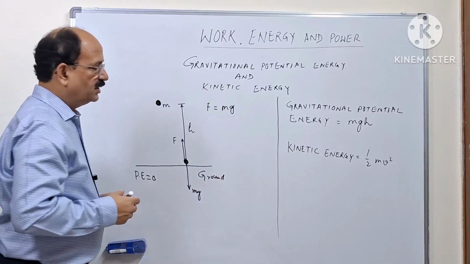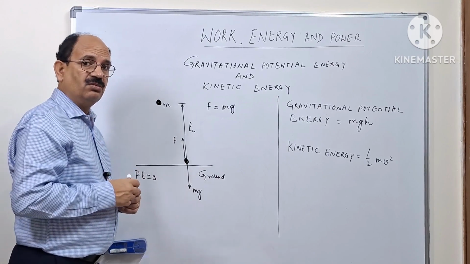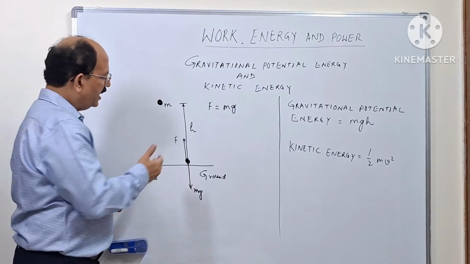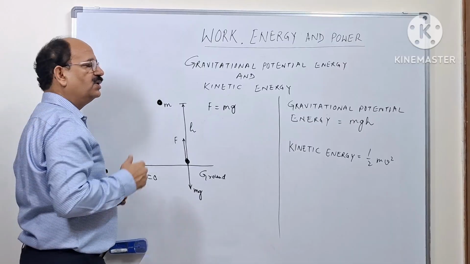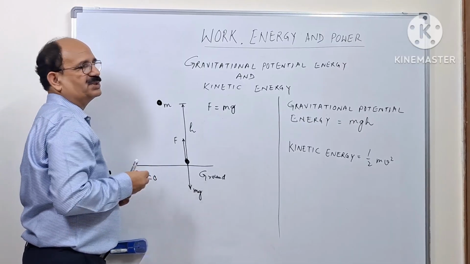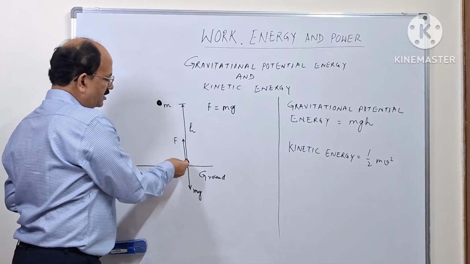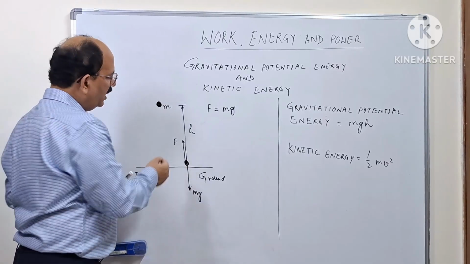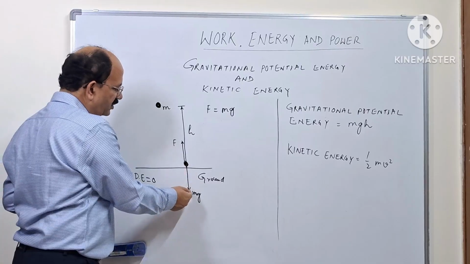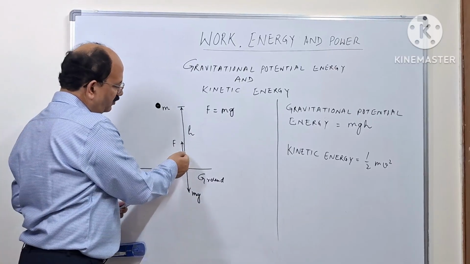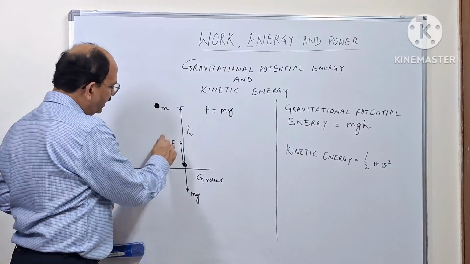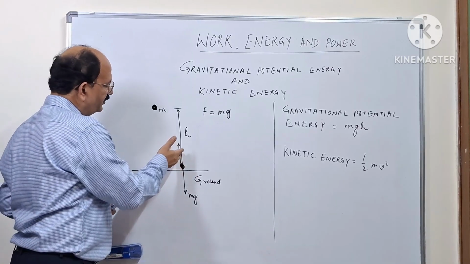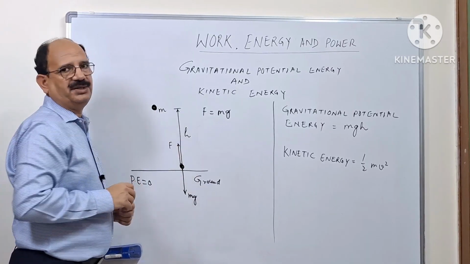But now you can also have a doubt that if force is equal to weight, then how will the ball move? This is an assumption taken that just to initiate a bit of motion in the ball, you will have to apply a bit higher force than mg, and the moment the motion starts, you bring the force down to exactly mg, and then the ball will move with constant speed up to height h.